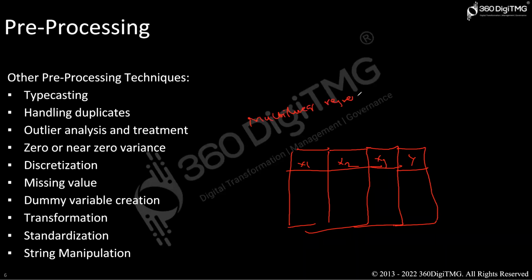So we have simple linear regression as well as multilinear regression. In multilinear regression, multiple variables impact the output of the data.